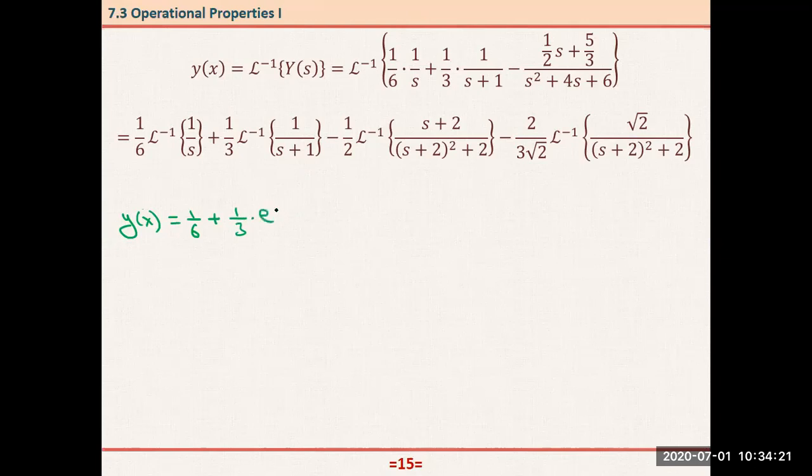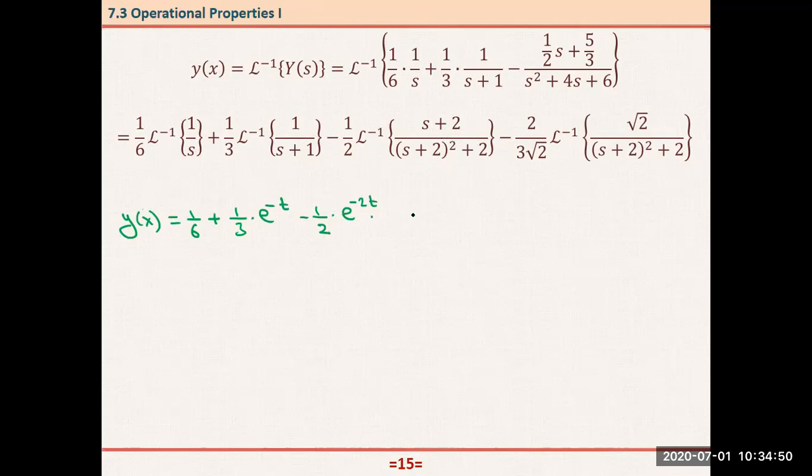It is e to the power minus t, right? Minus 1 over 2 times. Here we have s plus 2 squared plus 2, s plus 2. And if I just change this with capital S, capital S squared plus square root of 2 squared. So what is it? It is e to the power minus 2t, right? Because our a is here, just 2, minus 2 actually.